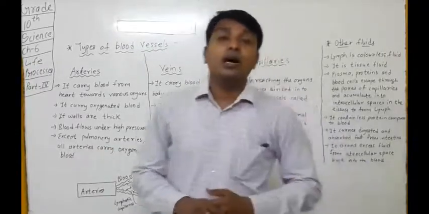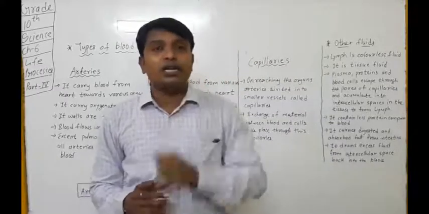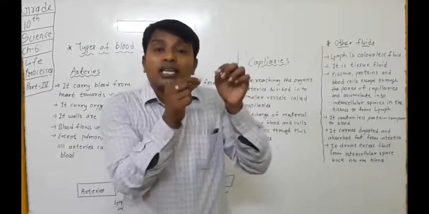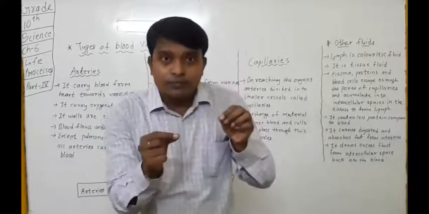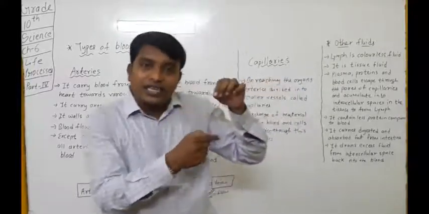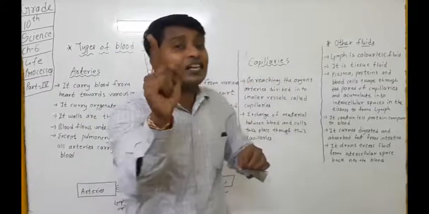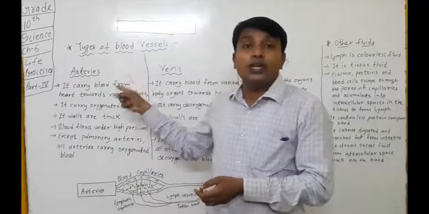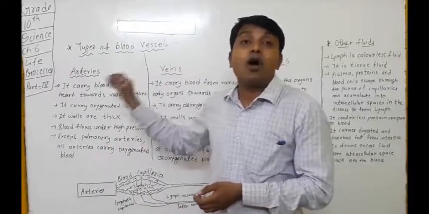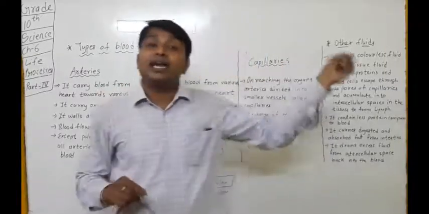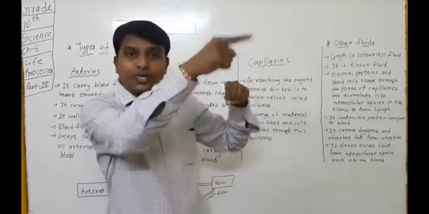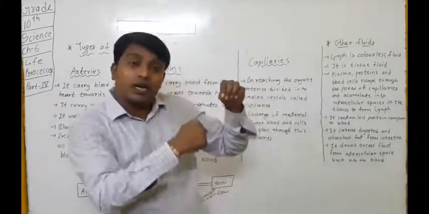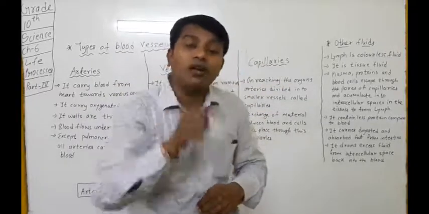Now in the circulation of blood topic we have seen, in the diagram I have drawn, I showed you that the deoxygenated blood from the right ventricle is taken to the lungs by an artery. Just now I told you that arteries carry oxygenated blood, but in that diagram I drew one artery that takes the blood from the right ventricle to the lungs, and that blood was impure.